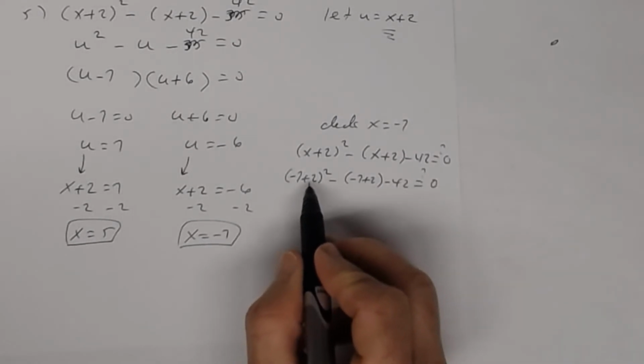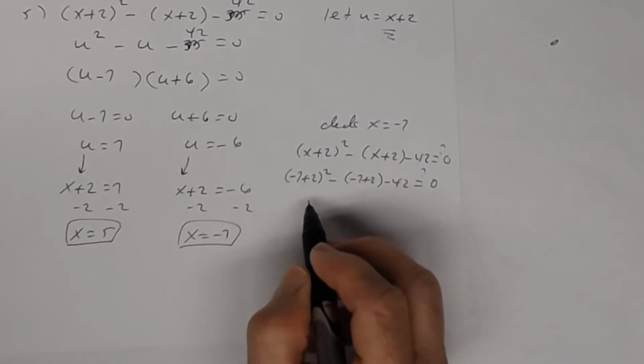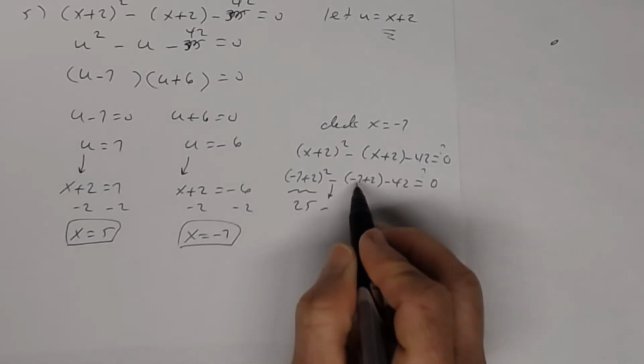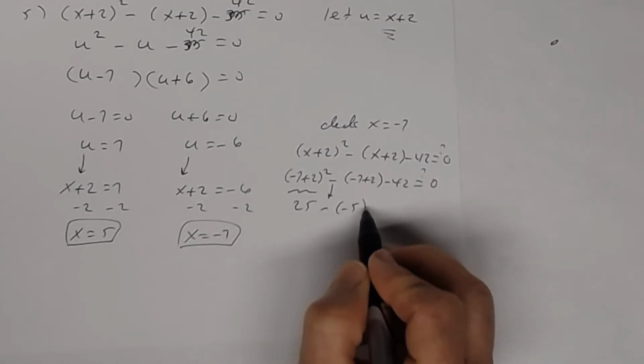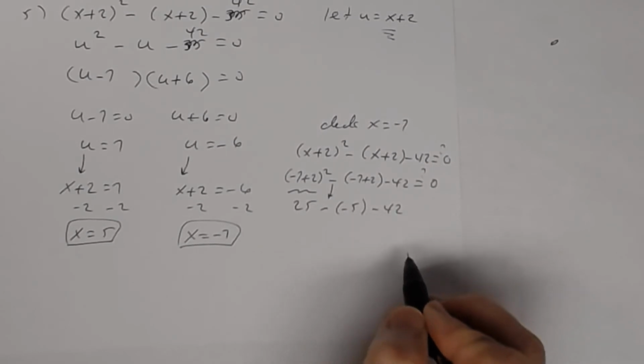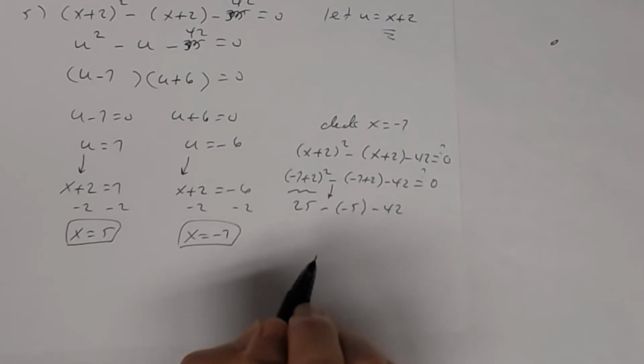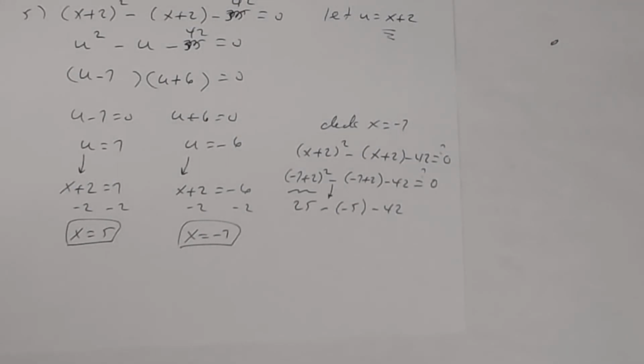Well, negative 7 plus 2 is a negative 5. Negative 5 times itself is a positive 25. Minus negative 7 plus 2 is a negative 5. And then minus 42, right? Okay, so something is not correct here. So let me kind of see what the issue is.